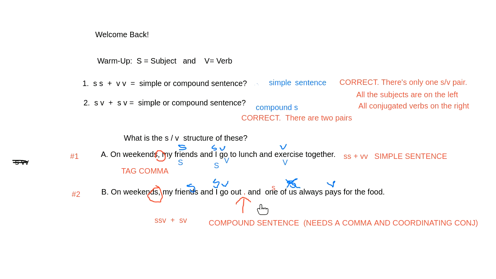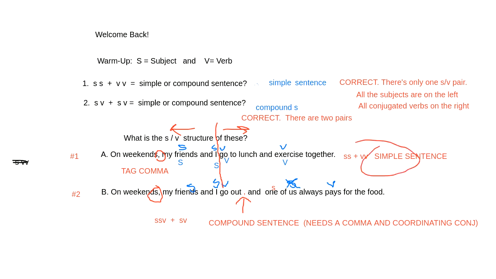So this warm-up was really good for us because in your book, page 226, practice 1, you guys were supposed to tell if these sentences were simple or compound. So how do we know the difference? We're going to practice doing what we did at this warm-up. We're going to look for the subject and verb pairs. If I can draw a line down the middle and all my subjects are on the left and all my verbs are on the right, that's going to be simple.